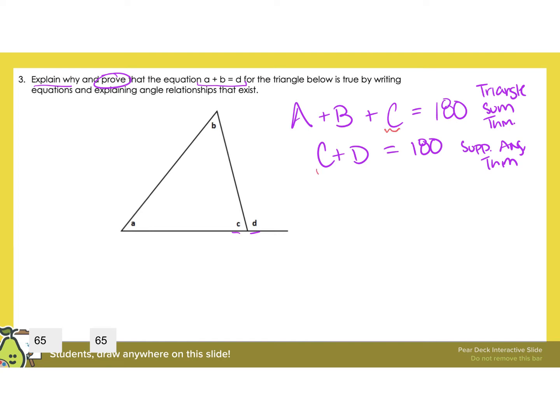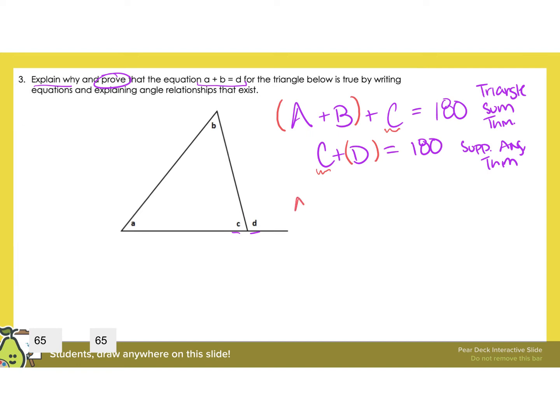C and C are the same. So what does that mean? That means that A plus B is the same thing as D. So I can replace D with A plus B, or I can replace A plus B with D.